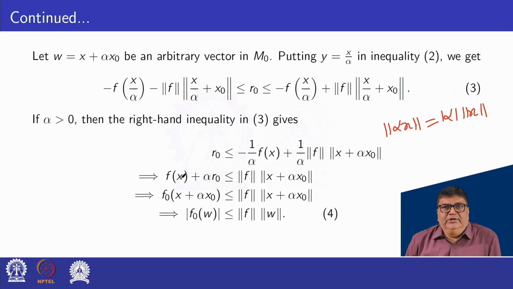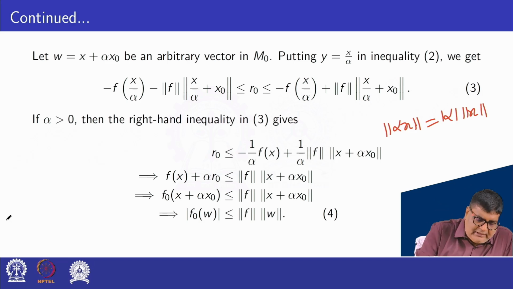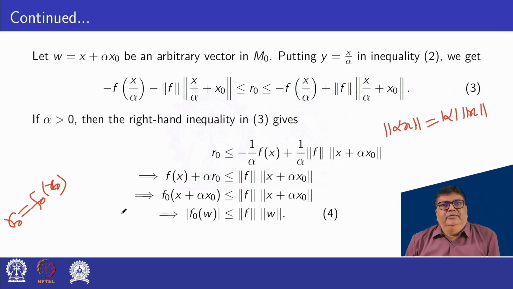Okay, so here x belonging to M, here alpha r0, r0 is f0 of x0. So it can be extended for M0, that is we can write this f0 of x plus alpha x0, because r0 is equal to f0 of x0.